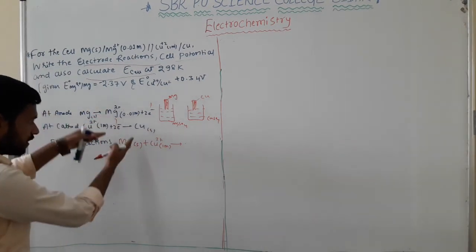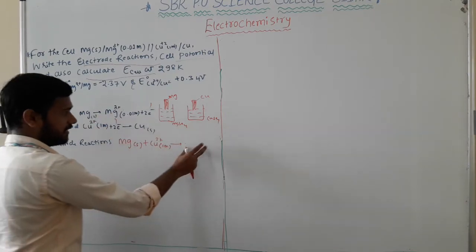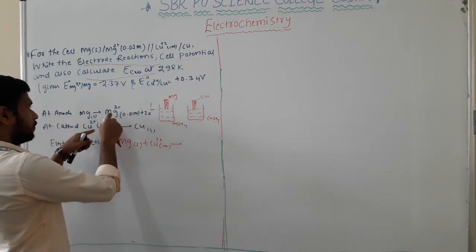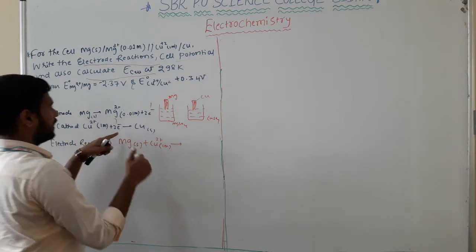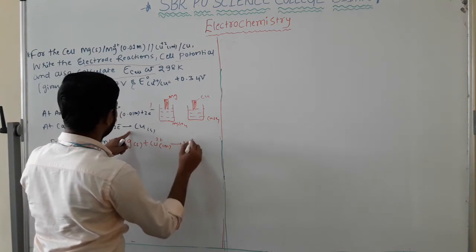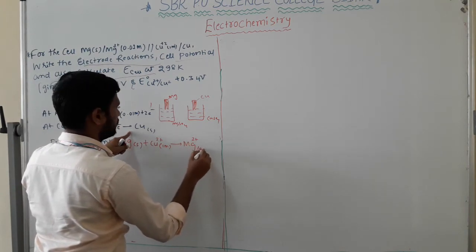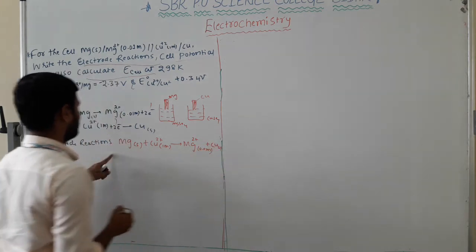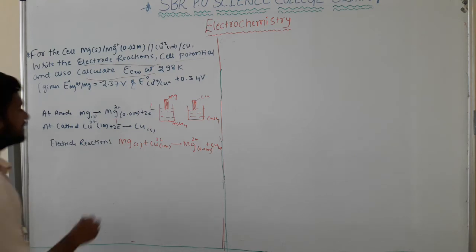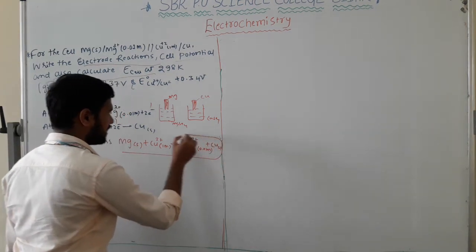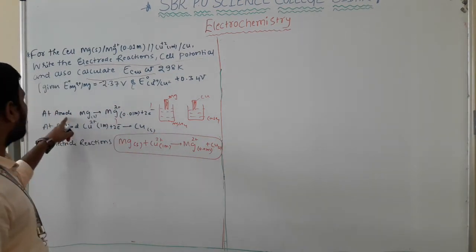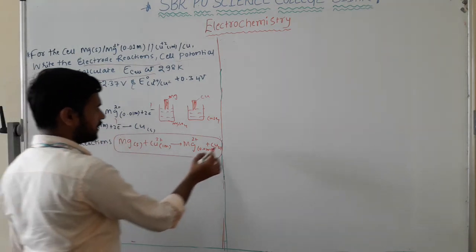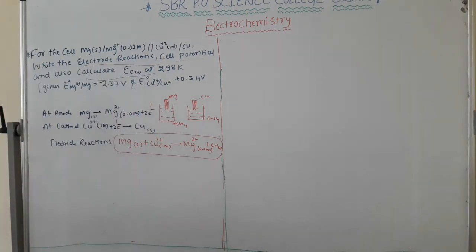Many students get confused here. Cu is solid. At the anode oxidation takes place, at the cathode reduction. This is a redox equation.